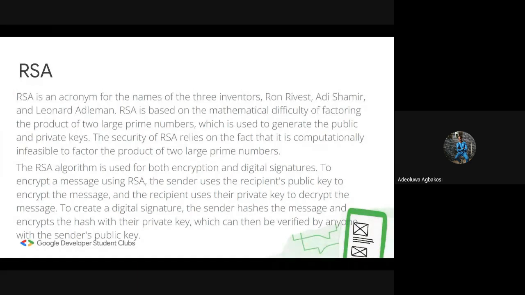For every document, there is a different hash value. With this hash value, you can really confirm that this document is from a specific person.